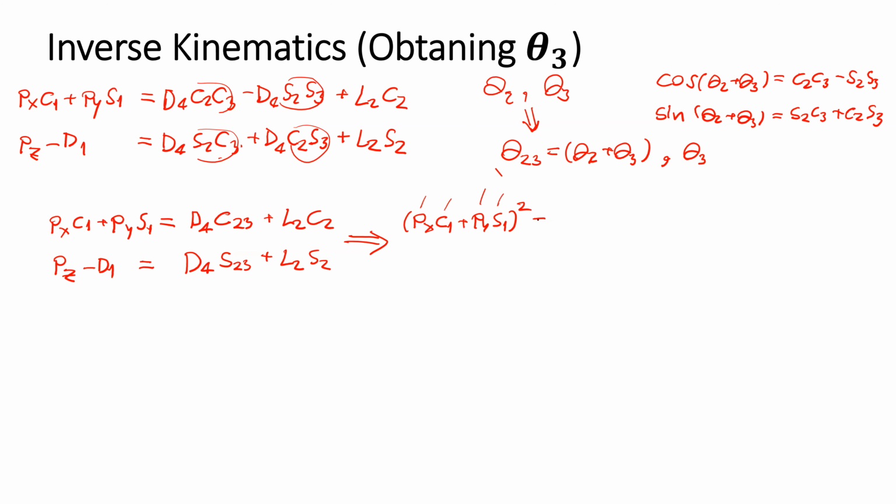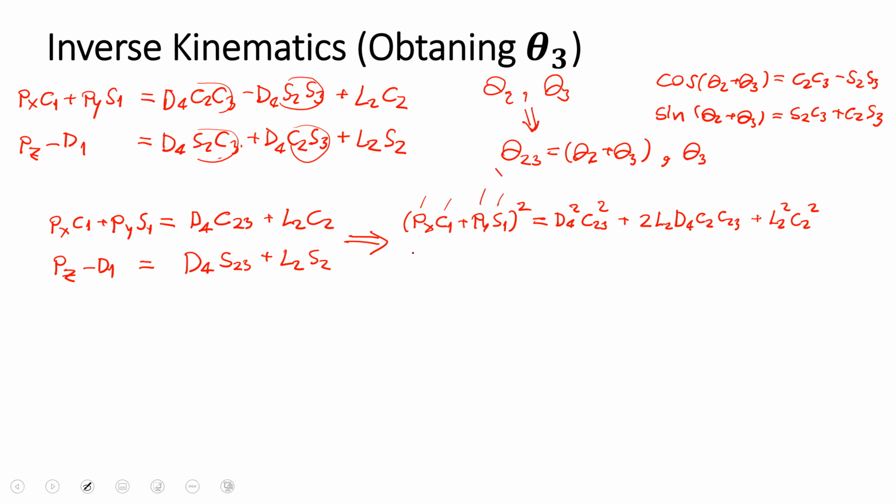On the right-hand side of the equation, we have D4 squared C23 squared plus 2 L2 D4 C23, and the last term L2 squared C2 squared.